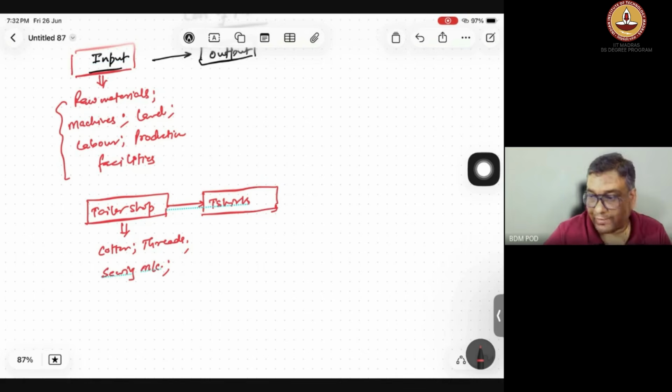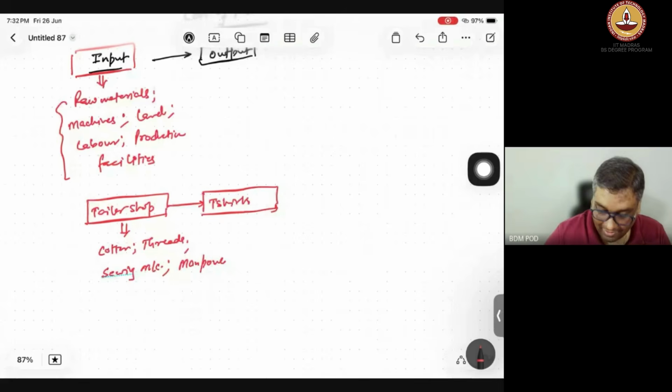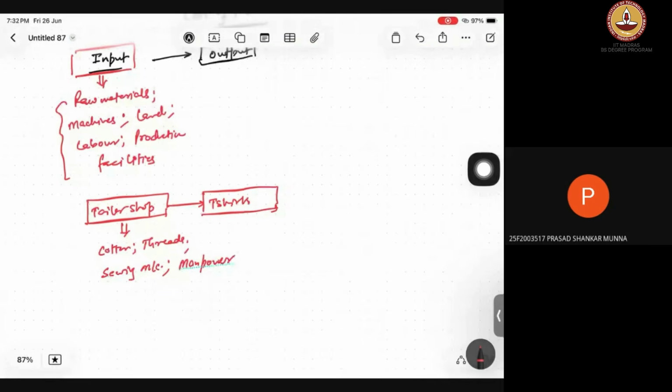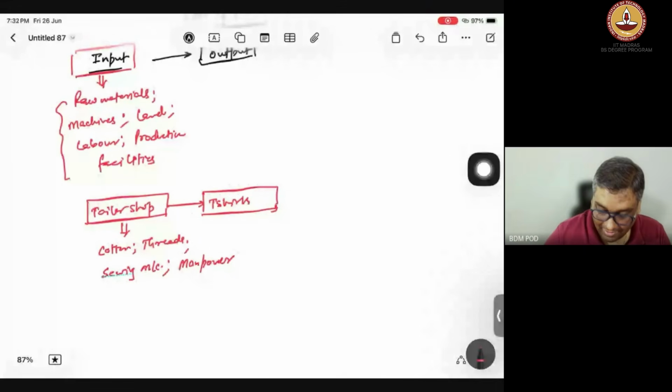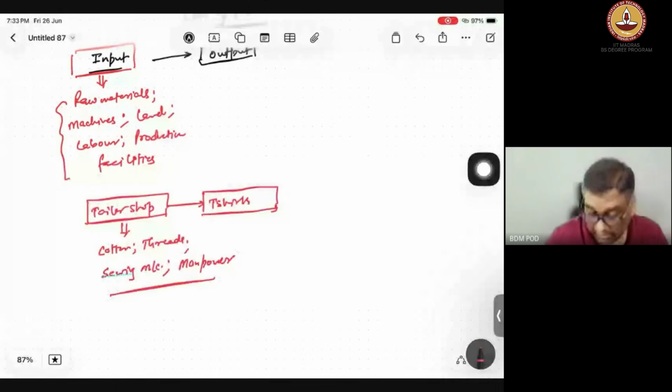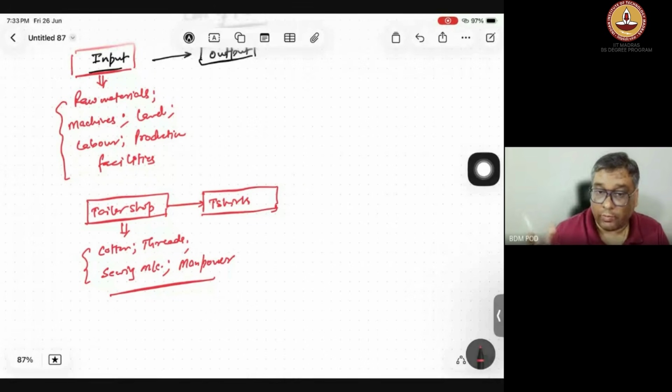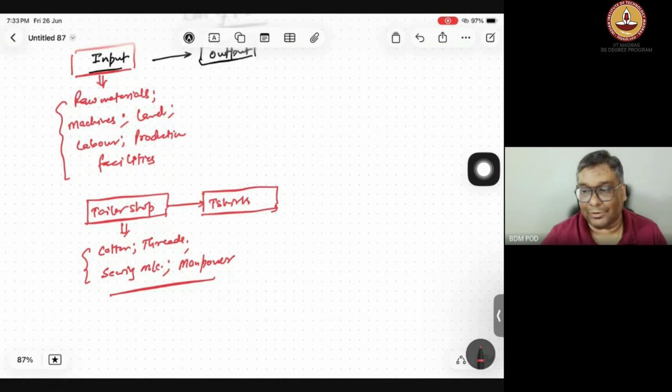What else is required? Labor, manpower, a tailor. So these are the things he needs to produce a t-shirt. He needs to buy these particular inputs, and the cost of procuring these inputs is called the cost of production.